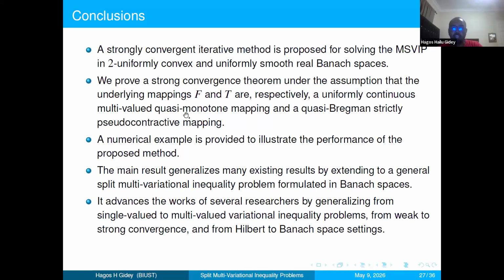And this generalizes a lot of studies on the single-valued variational inequality problem, from weak convergence to strong convergence, and from Hilbert space to Banach space settings. And this is our extension of those in the literature.